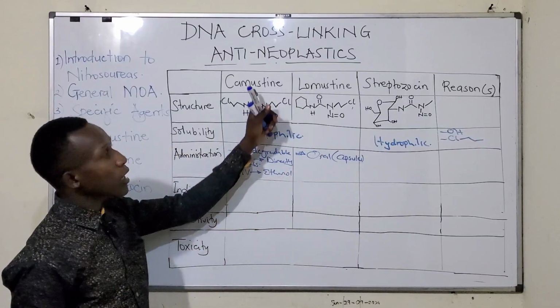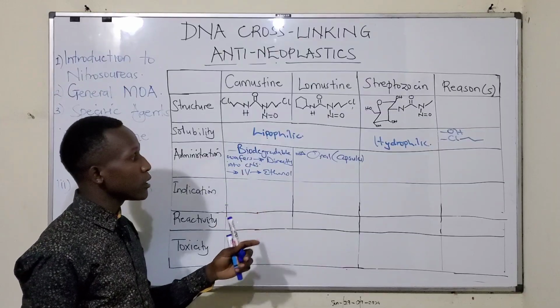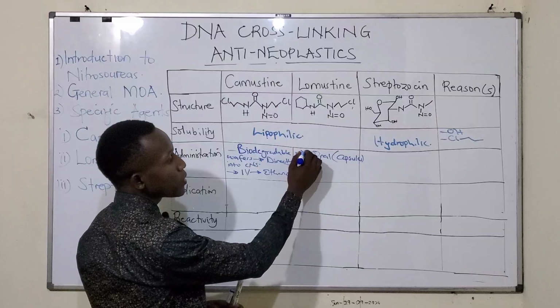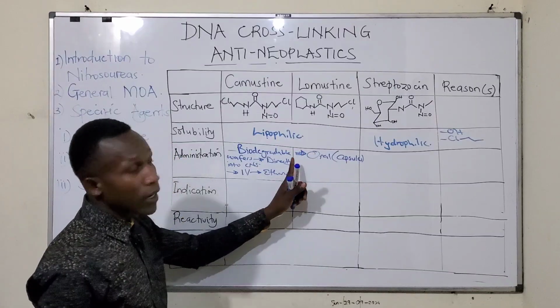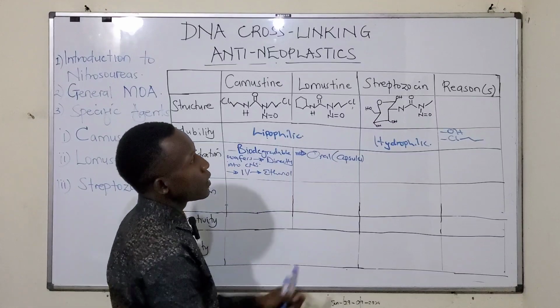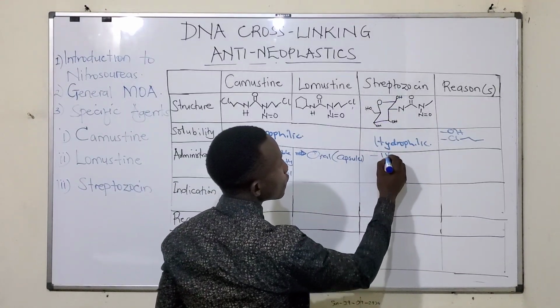This one, the carmustine, can degrade within 15 minutes when it's taken orally. But this one has a higher lifetime, so it can cross the membrane to the system. Then for streptozocin, this one is administered IV.